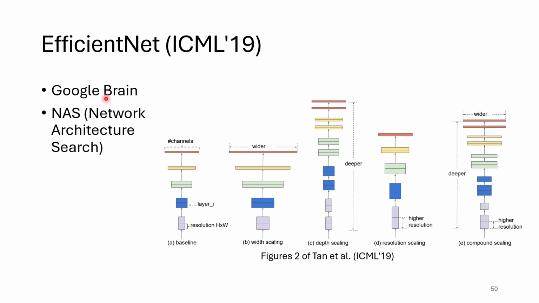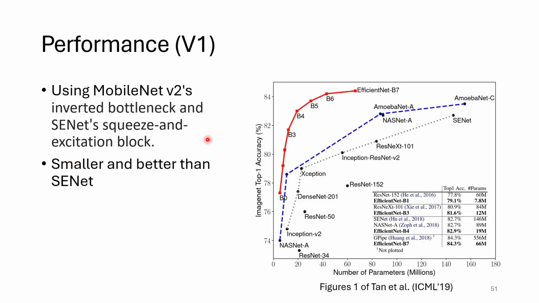So the idea is, if there are so many hyperparameters we can set, how about letting the computer search for the best combination of those hyperparameters? So they use NAS, Network Architecture Search, to do it. Okay. And so they generate very good results.